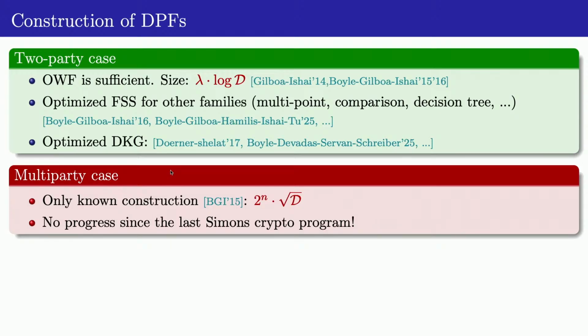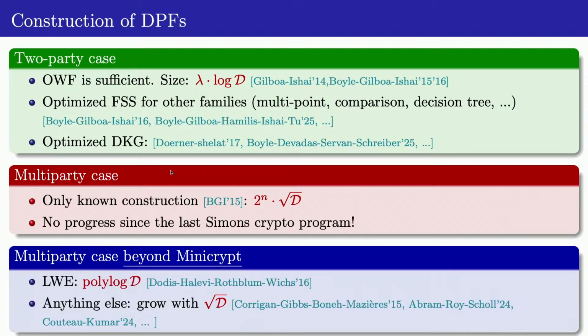And to be thorough, if you want to go beyond minicrypt, there are some constructions of DPF. In particular, if you are willing to assume learning with errors assumptions, then we have this beautiful work by Dodis et al., where you can get basically polylog key size.